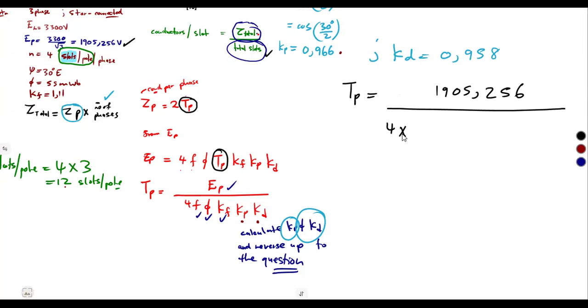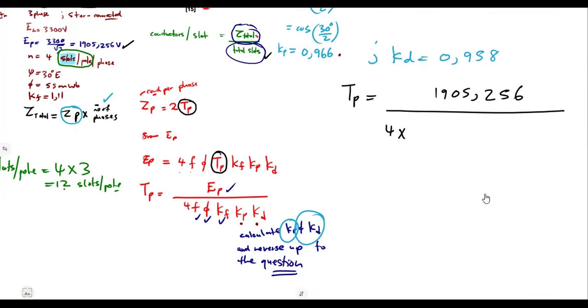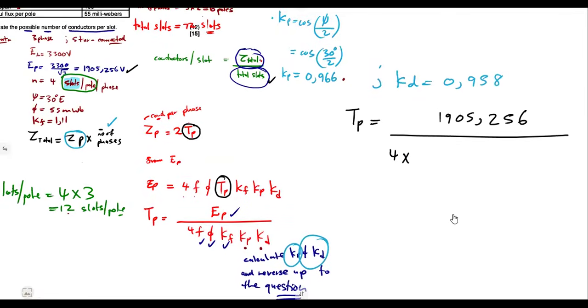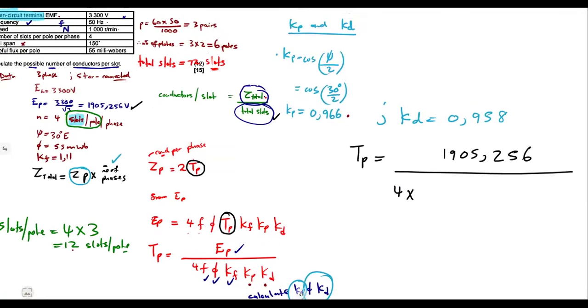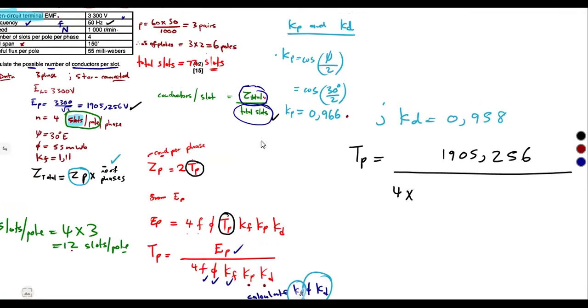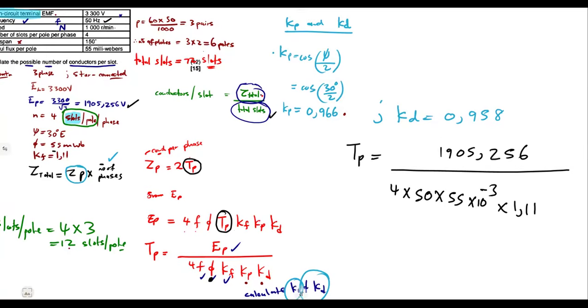So let's write times frequency. Our frequency is 50 hertz, as given on the table. Our useful flux is 55 milliwebers, 55 times 10 to the exponent of -3. Our KF is 1.11; if it's not given, you use this one, 1.11, unless stated otherwise.